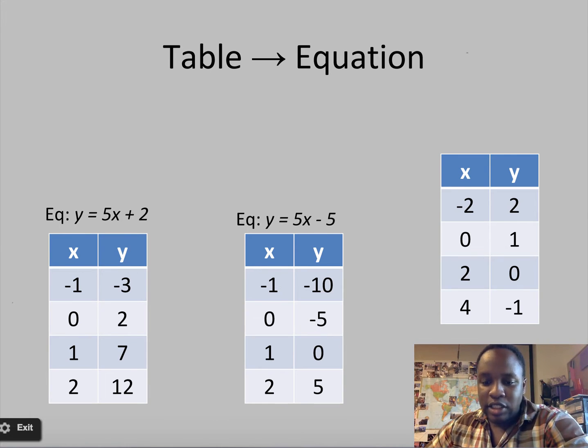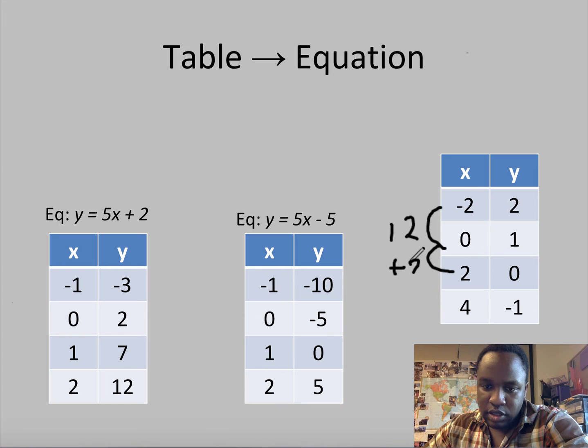Now for the next table, we can see that our change in x is actually positive 2. So we're going negative 2 to 0 is plus 2, 0 to 2, plus 2, and 2 to 4, plus 2. Here, our y is going down, so it's negative 1. 1 to 0 is negative 1.